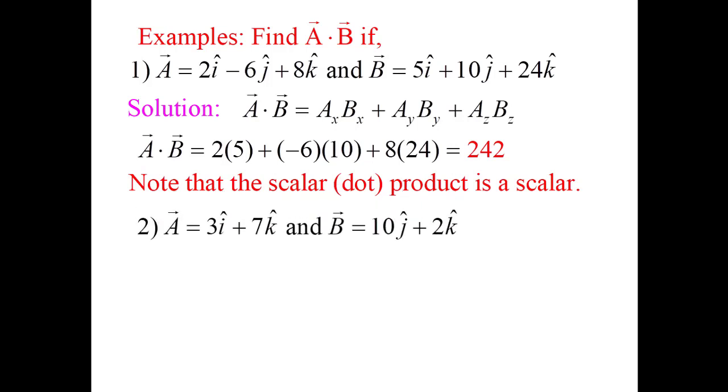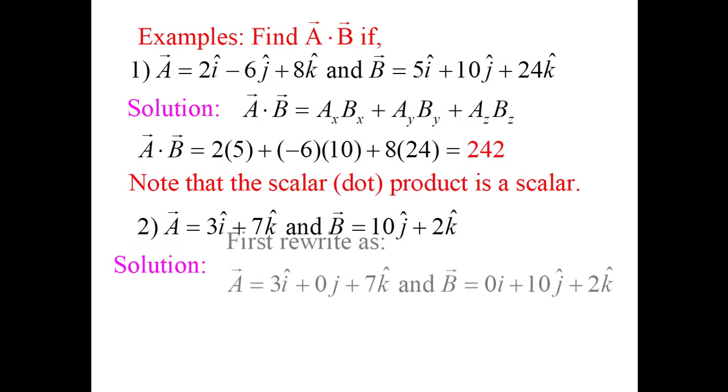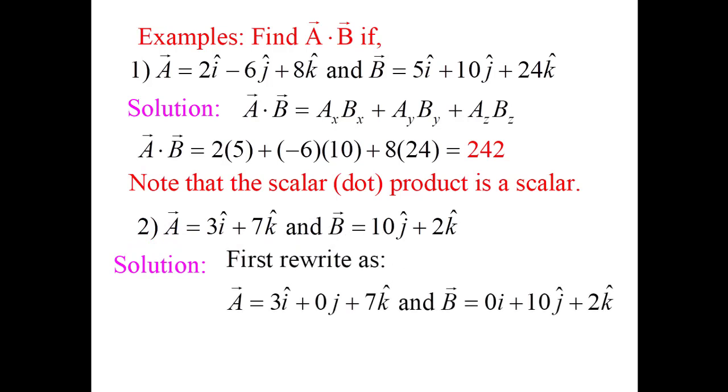The second problem is A equal to 3i plus 7k, and B equal to 10j plus 2k. Once again, we are required to find the dot product, A dot B. We first fill the remaining terms with 0. For example, in 3i plus 7k the missing term is j, so we write A as 3i plus 0j plus 7k, and in vector B, which begins with j, that is 10j plus 2k, the i term is missing, so we fill that with 0i plus 10j plus 2k.